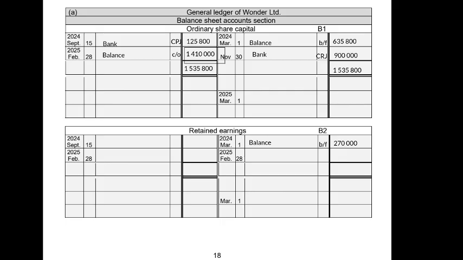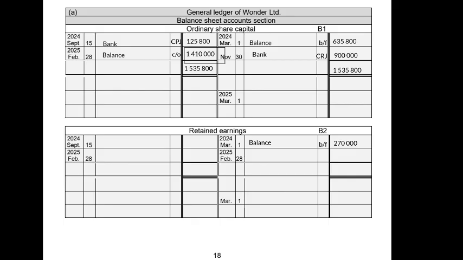Then on 2024 September the 15th, we repurchased shares. Remember, this amount in your retained income is the difference. So it's your R4.20 minus the R3.40, which was your average share price. That leaves us with a difference of 80 cents.